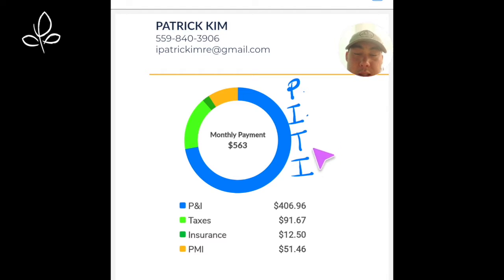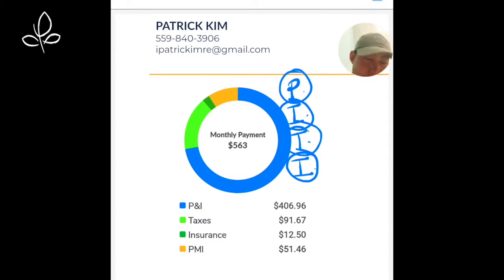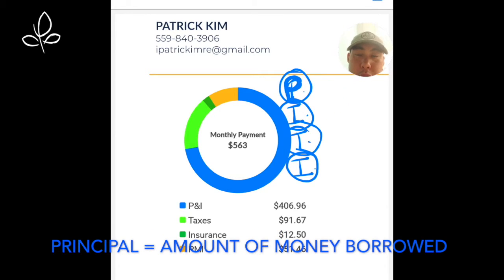Principal, interest, taxes, insurance. You will always have these four parts unless you buy your home in cash or, over the years, 10, 15, 30 years, whatever it is, you've paid off the money that you borrowed in order to purchase your home. Your principal is the amount of money borrowed.